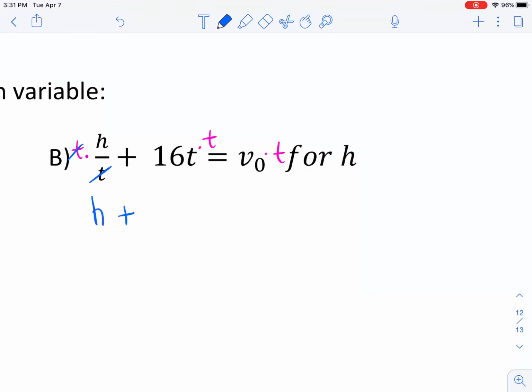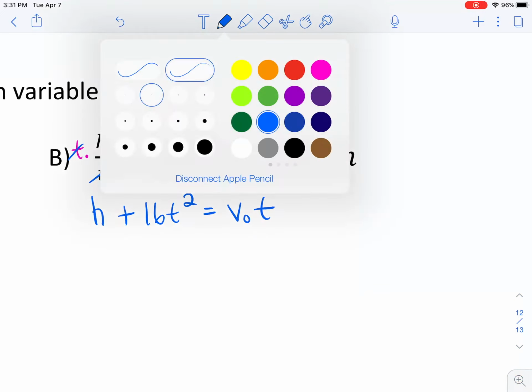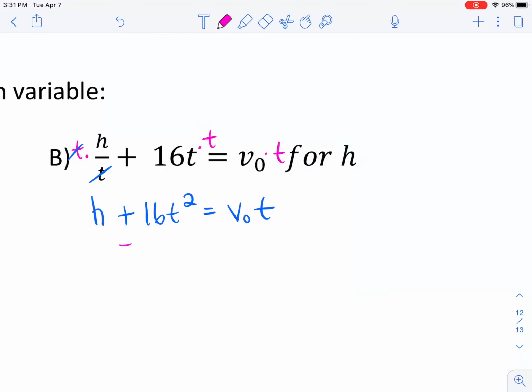What we have left is just h plus, now 16t times t is 16t squared, equals v naught times t. Remember, we're trying to solve for h. So if I want to isolate h, get it by itself, right now I'm adding 16t squared to h.